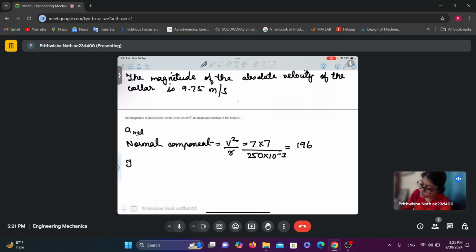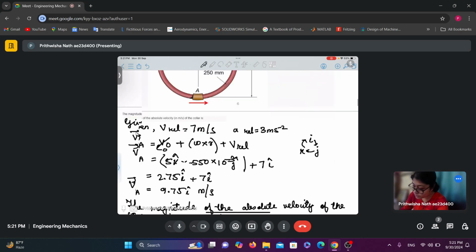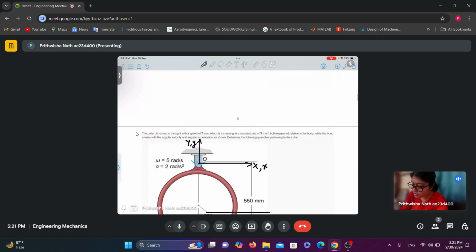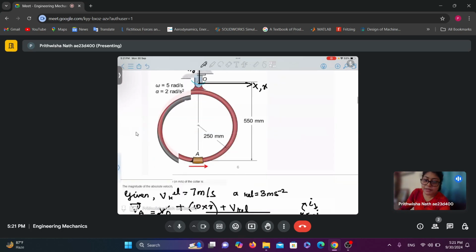And the tangential component is given in the problem, which is 3 meter per second square, right?